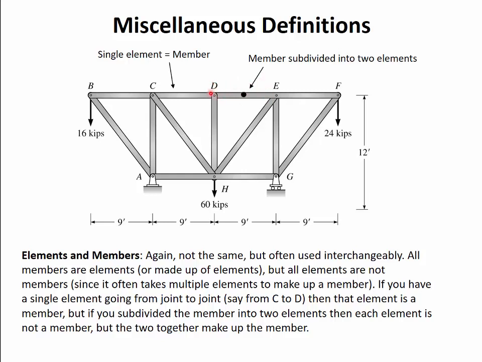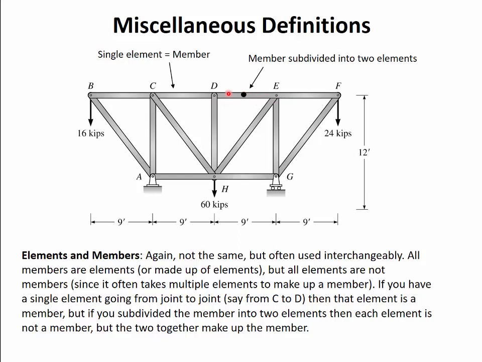So if we subdivided the member that goes from D to E into two different elements, I drew one element that went from D to D prime and then from D prime to E, then the member is member DE. The two elements in between are not members. Those are just two elements. I have two truss elements. So I have two elements that make up the member, but the member is member DE.